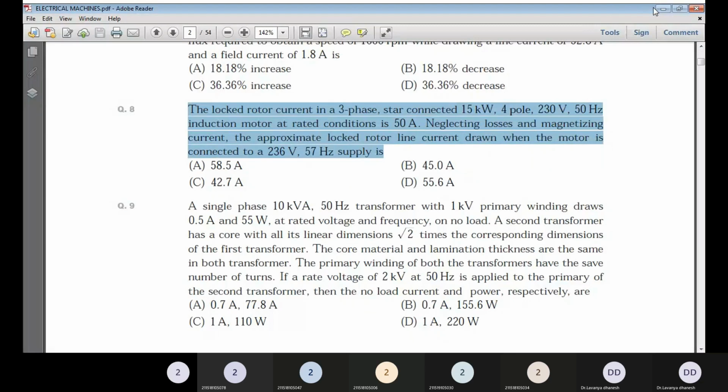Next, we also know that we are going to do here. What are the conditions you have been given? You have to see the current, neglecting all the losses, approximate rotor line current drawing. Neglecting the losses, everything. So here R2 is equal to 0. R2 is equal to 0.